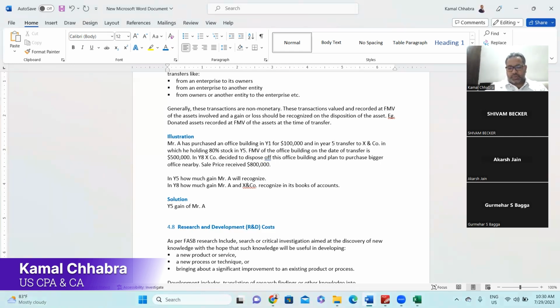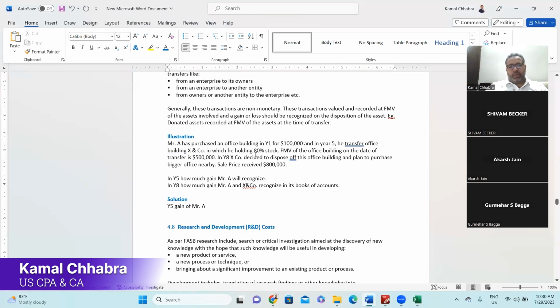In year 5, he transferred the building to Action company in which he holds 80% stock. Okay. Better? So now the FMV of the office building on the date of transfer is $500,000.